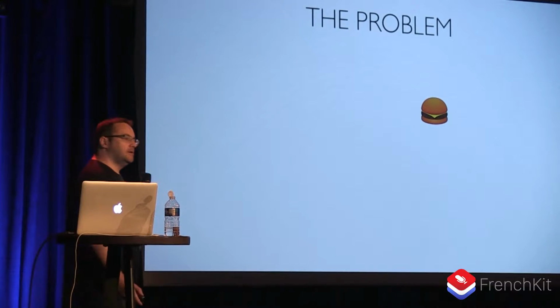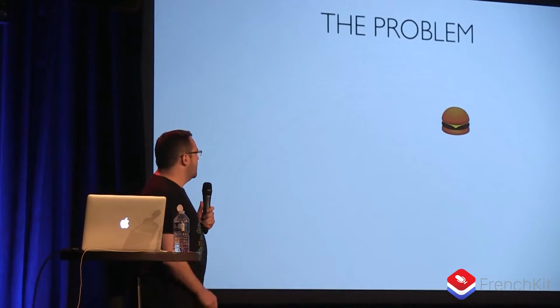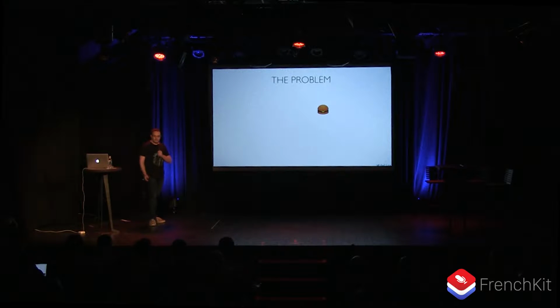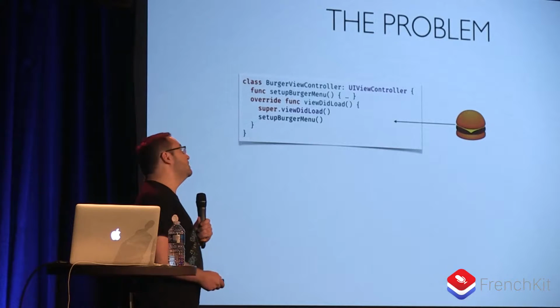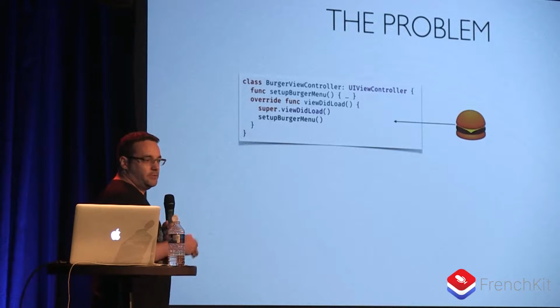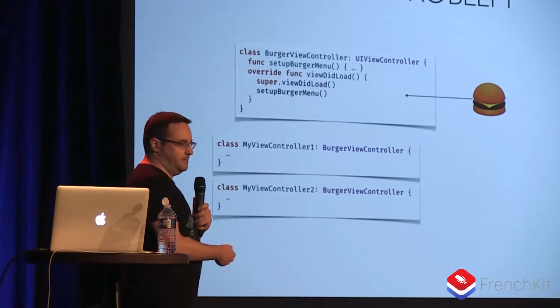But let's dig right now into the problem. The problem we're going to try to solve today is about inheritance mainly. So imagine you want to implement a burger menu in your app. One way to do that, if you imagine that a lot of view controllers in your app have burger menus, you're probably going to start with a common view controller that will implement all the setup for your burger menu, so that the next step would be to inherit from this burger view controller and have all the setup done for you every time.